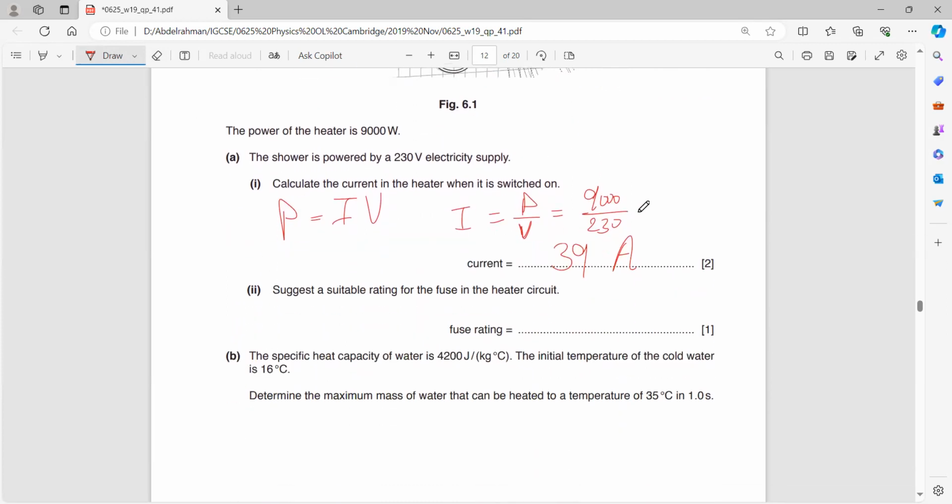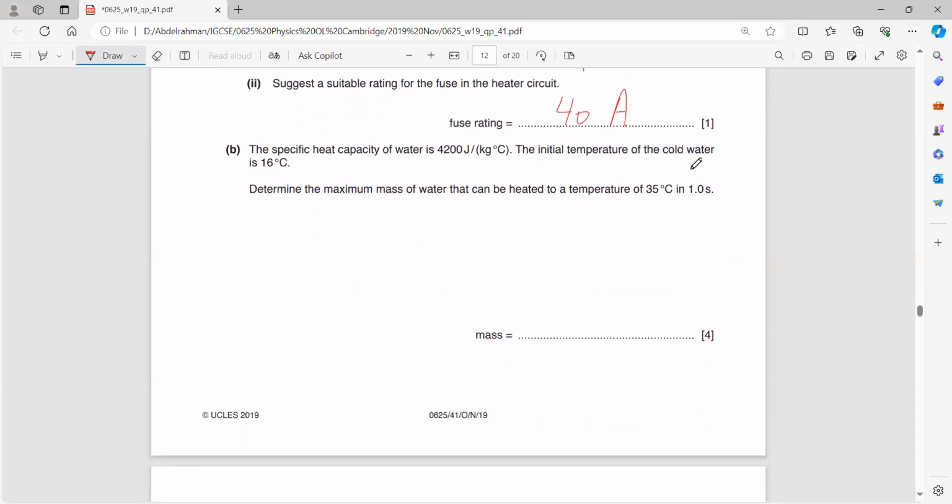What could be a suitable rating for this fuse؟ 40. صح. لو زادت 1 أمبير مش تعمل حاجة. طب 40، ما ممكن احط 45، 50، ممكن up to 50. حلو. اوكي ماشي.